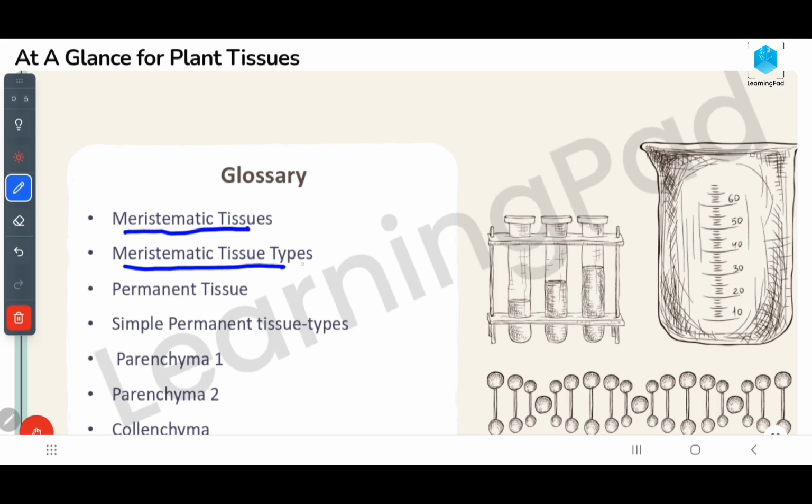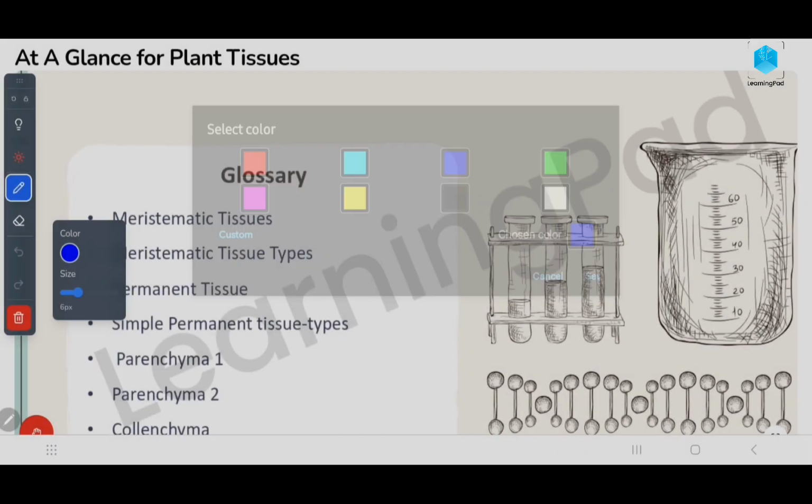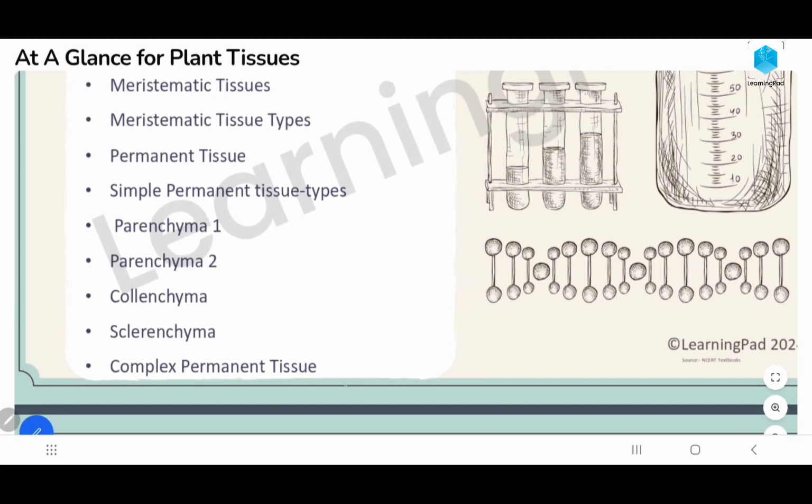I said that meristematic tissue, once it reaches maturity, becomes permanent tissue. The permanent tissue is classified into simple permanent and complex permanent. Simple permanent tissues are parenchyma, collenchyma and sclerenchyma cells. This is complex tissue.